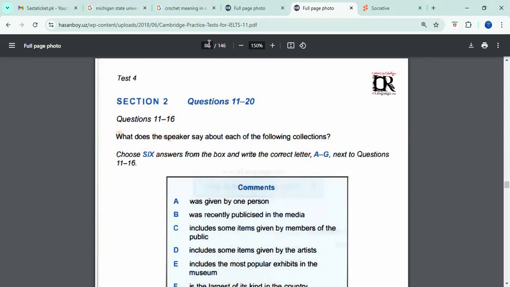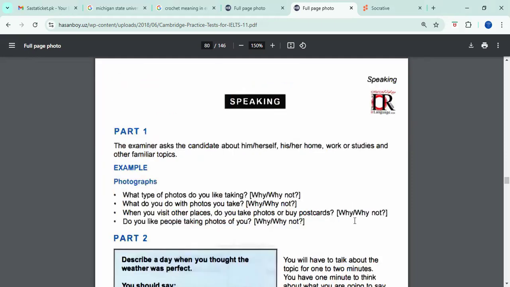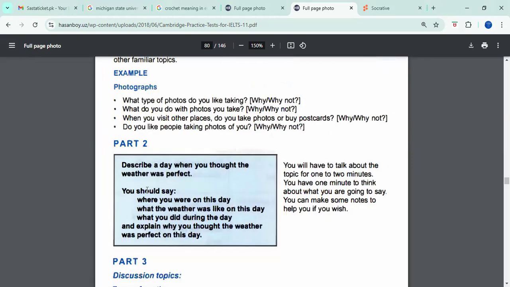Book 11 is a very good example of having different varieties of topics. This is the third variety: describe a day when you thought the weather was perfect. So it is clearly presenting the past. So remember one thing: by the description of the topic, you should learn whether the topic is leading towards present, past, or future.